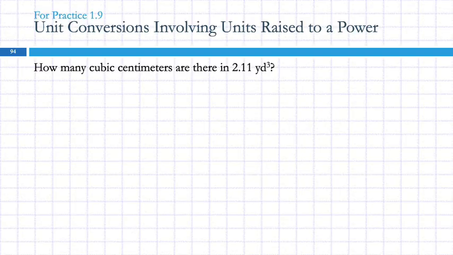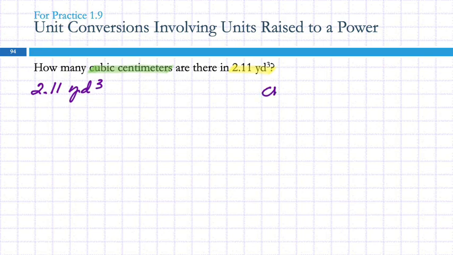How many cubic centimeters are there in 2.11 cubic yards? Well, we're trying to find cubic centimeters. We're starting with 2.11 cubic yards. So let's write down where we're beginning, 2.11 cubic yards, and where we're going to end.